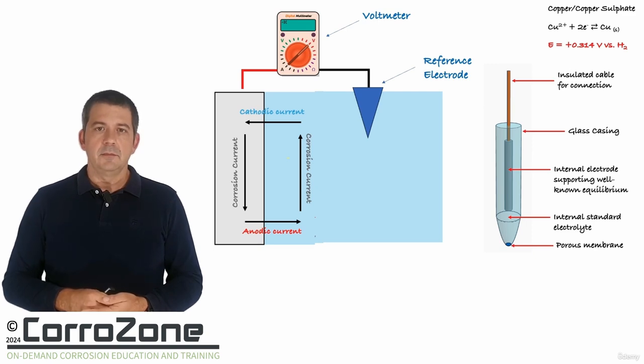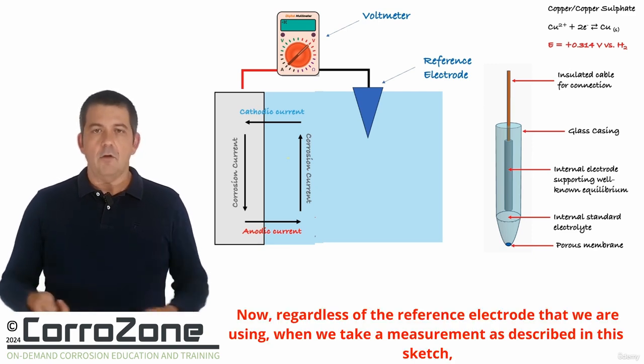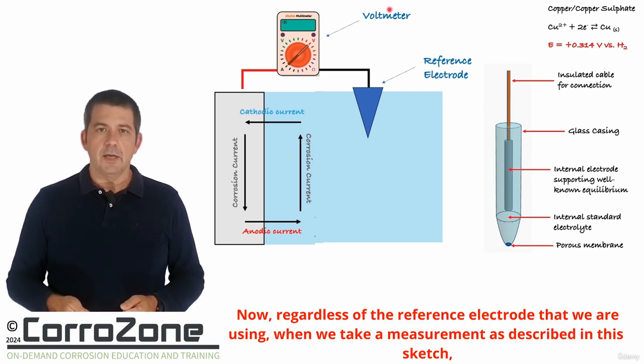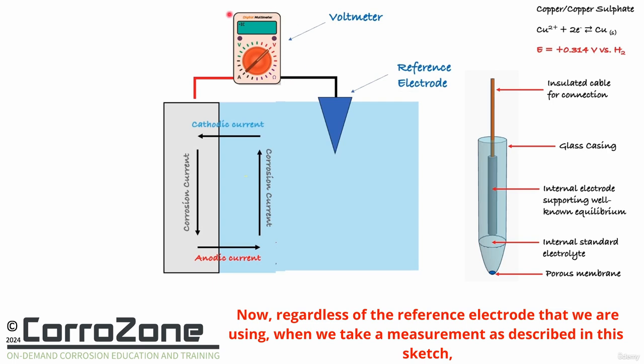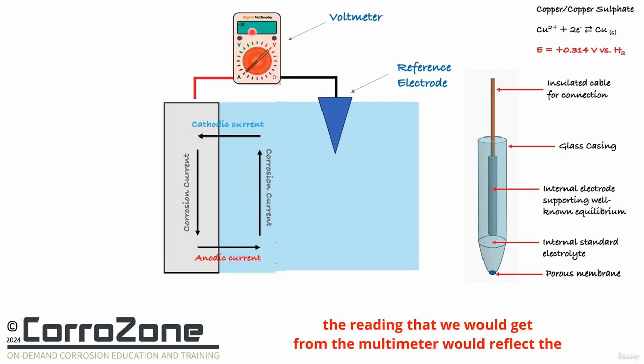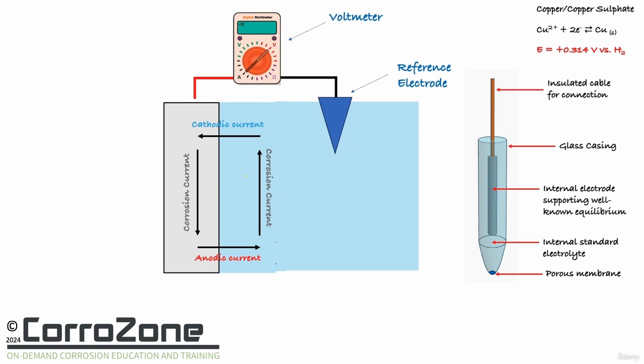Now, regardless of the reference electrode that we are using, when we take a measurement as described in this sketch, the reading that we would get from the multimeter would reflect the potential of the structure with respect to the reference electrode used.